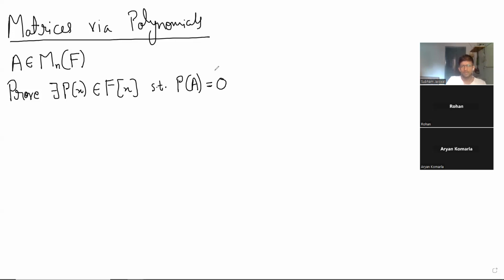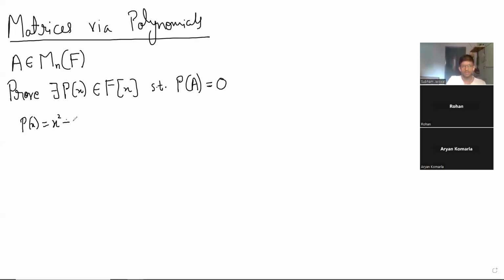So first of all, maybe I should explain what this is. This 0 right here is an n by n matrix. What is p(A)? One can say it formally using homomorphism and things like that, but informally it is something like this, and I think this is all I will need to say.